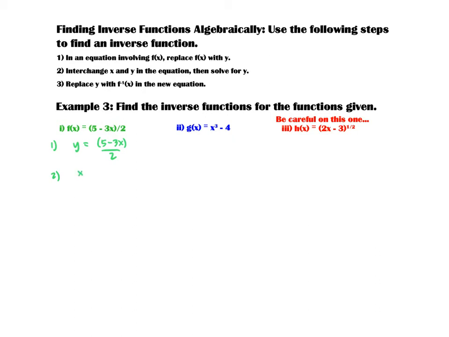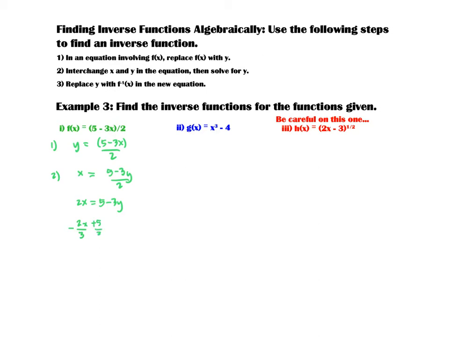So I'm just going to rearrange. I'm keeping the function the same, just switching x and y in the process. Now I'm going to solve, and this is still step 2. I'm going to multiply both sides by 2, so I get 2x equals 5 minus 3y. I'm going to subtract 5 and divide by negative 3. So if I subtract 5, I get 2x minus 5 and divide by a negative 3.